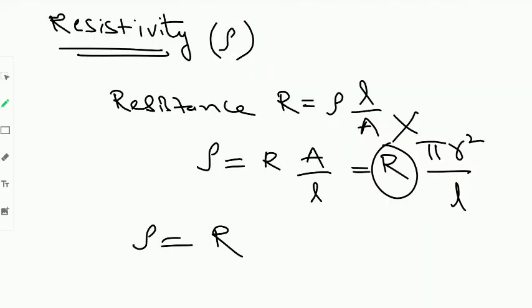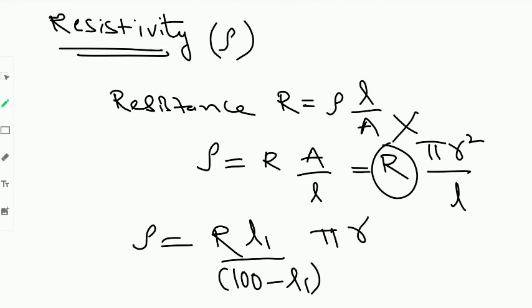Substituting here, rho equals R L1 by 100 minus L1 into pi r square by L.